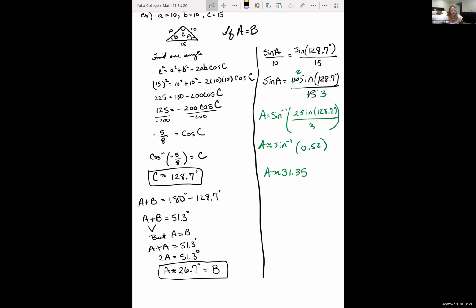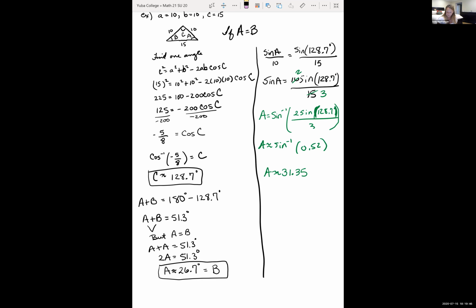Maybe my reasoning is wrong. I would think that since the angles are the same, the sides are the same, the angles would have to be the same. That should just be 128.7 with parentheses just around that sine piece.